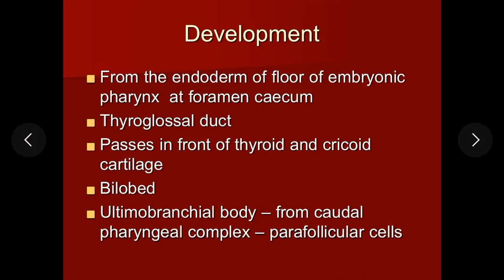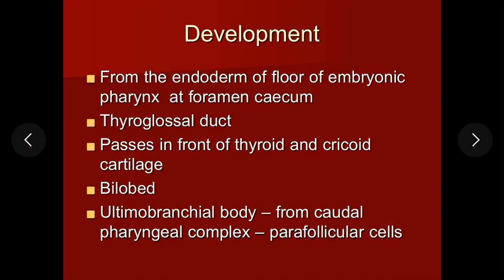No, it's not like that. The majority is derived from the thyroglossal duct, but some contributions, to be more precise the parafollicular cells, are actually derived from the ultimobranchial body, that is coming from the pharyngeal complex.